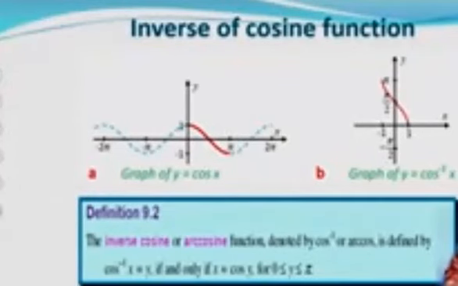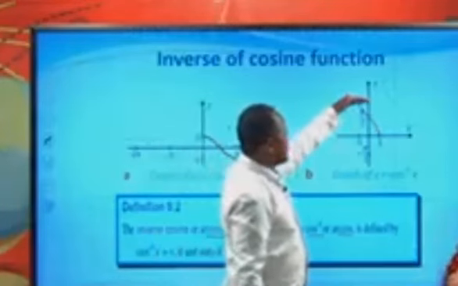The inverse of cosine, or we call this the arc cosine function, is denoted by this symbol, cos inverse or arc cos, and it's defined by this one: cos inverse of x is equal to y if and only if the value of y ranges between 0 and pi.